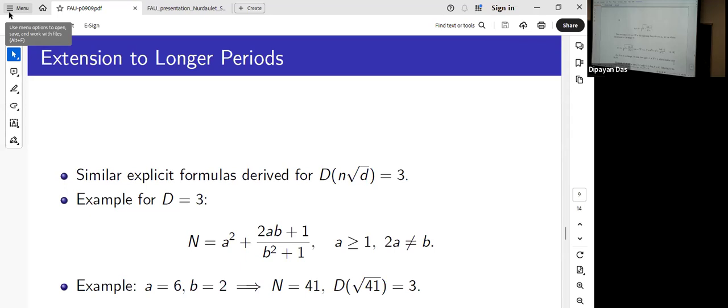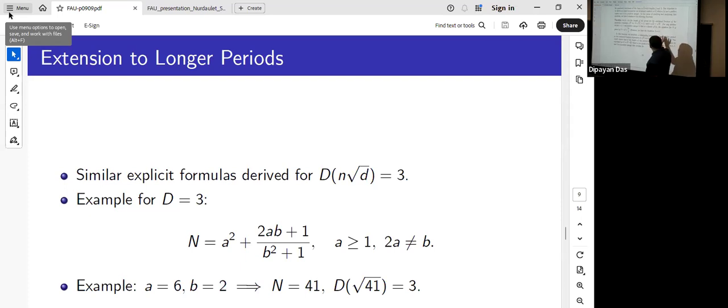But this is not solving an equation here. You're just giving a special case in a special form. In fact, if you want to show, for instance, that there are infinitely many, you can guess any number which satisfies this.